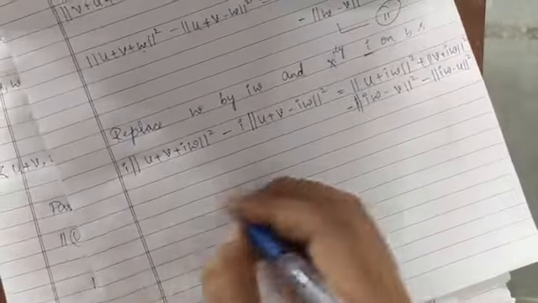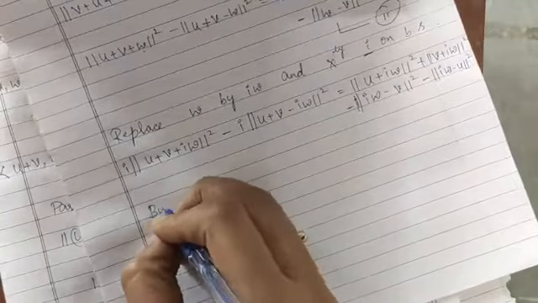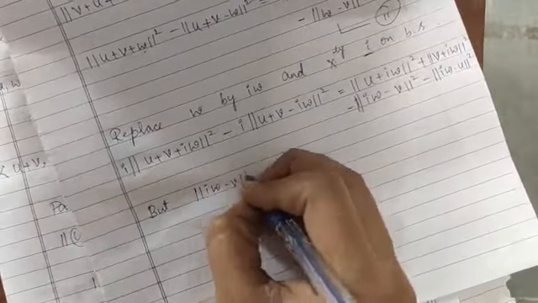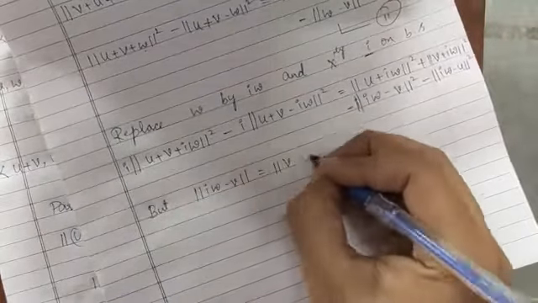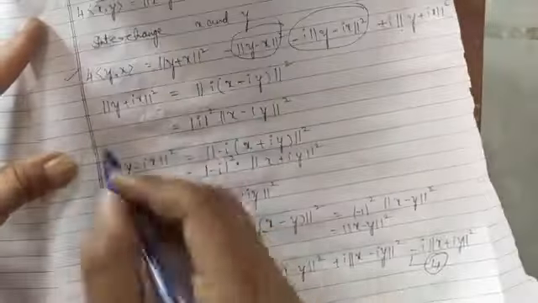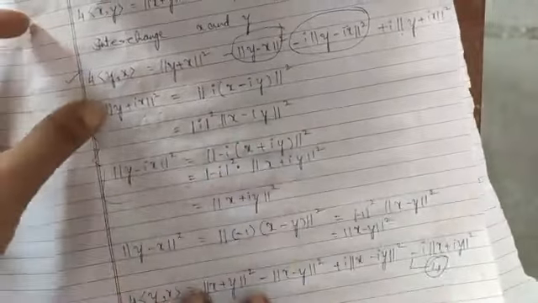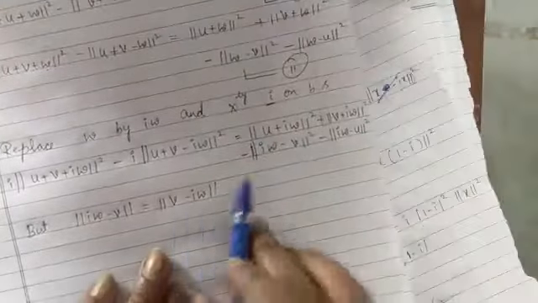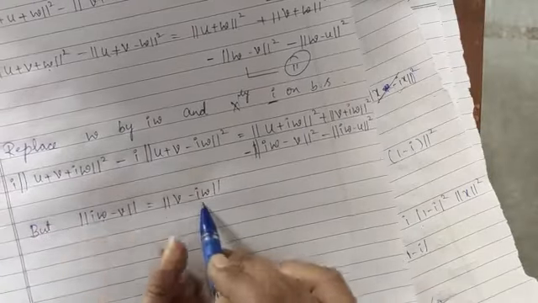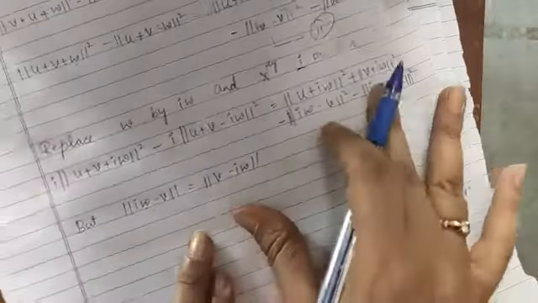Now, we know that norm iw minus v is equal to norm v minus iw. Just take i outside. In previous step we have done it in this way. If you solve in this way, you will get norm iw minus v as norm v minus iw.